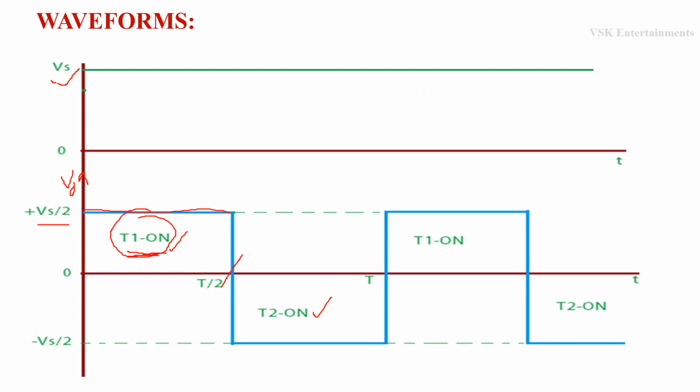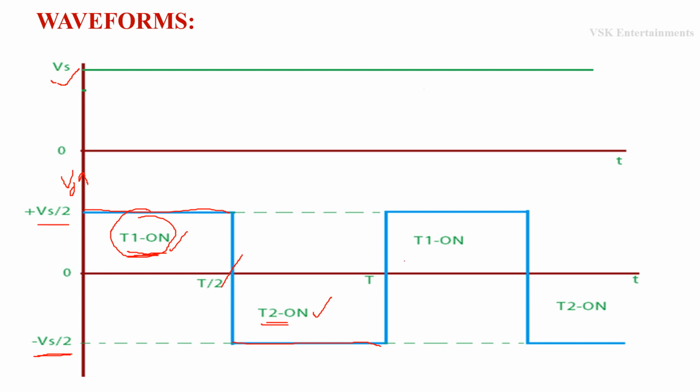So thyristor T2 starts conducting, and due to its conduction we get the output voltage as minus Vs by 2.